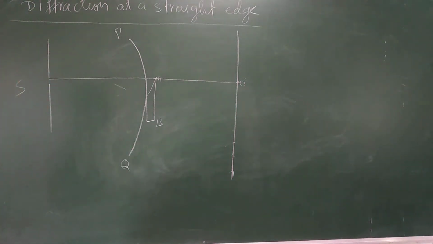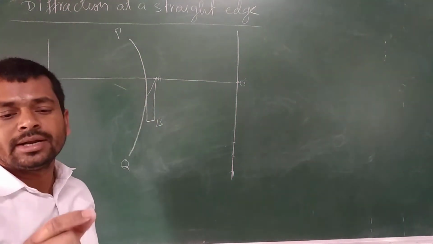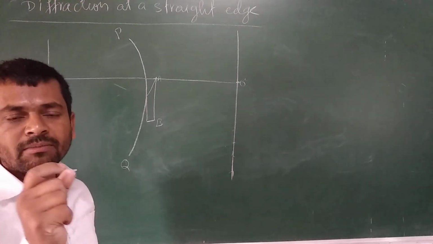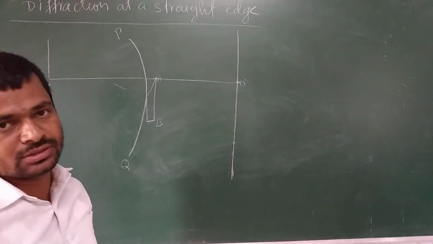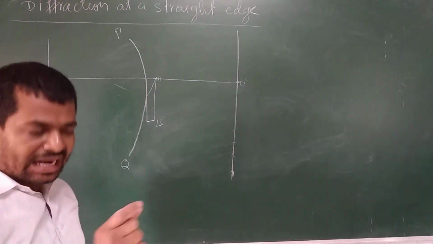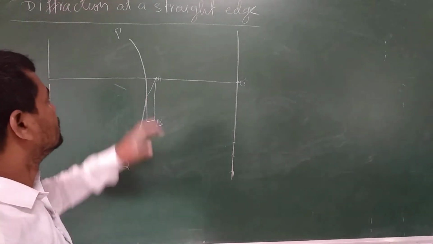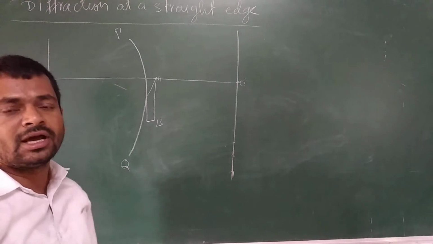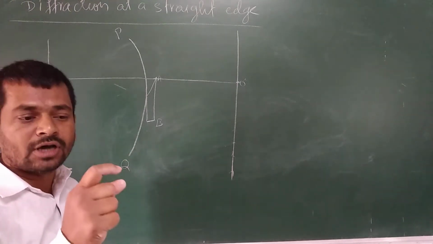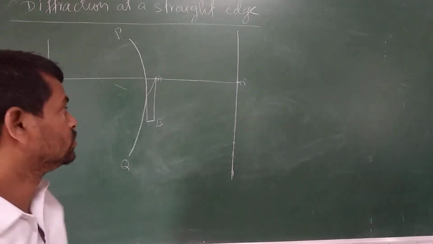So this is, and let me divide this cylindrical wavefront into a number of strips. These Jones strips are a number of half period zones. Let us consider the PQ wavefront divided into a number of half period strips or half period zones.